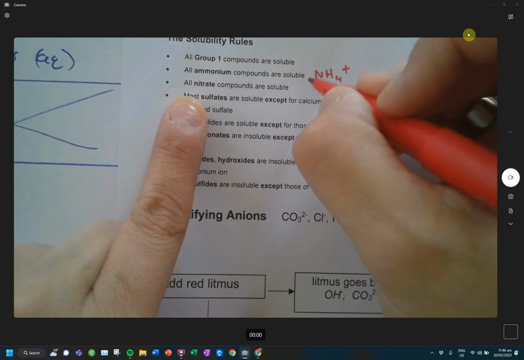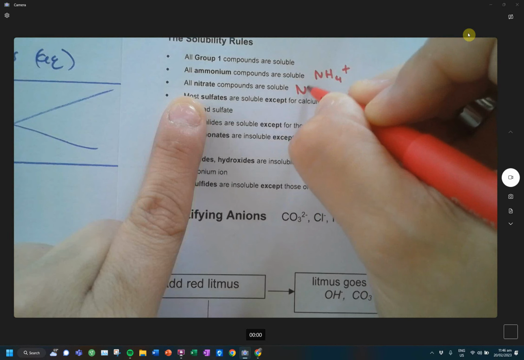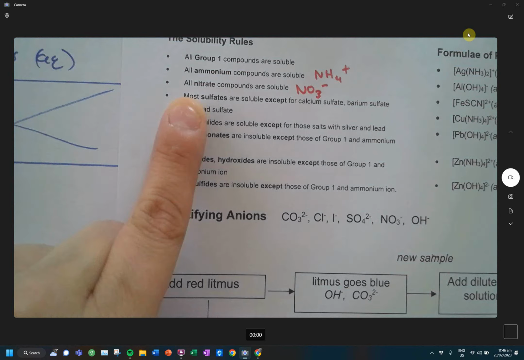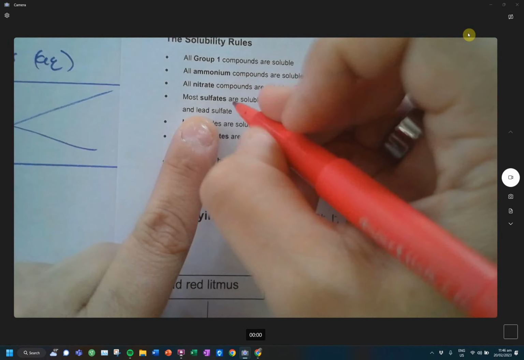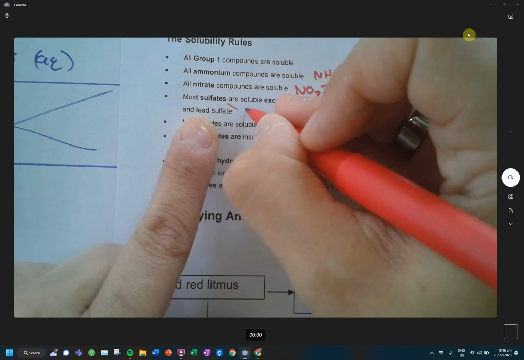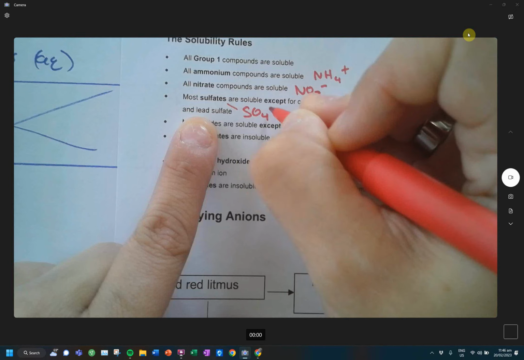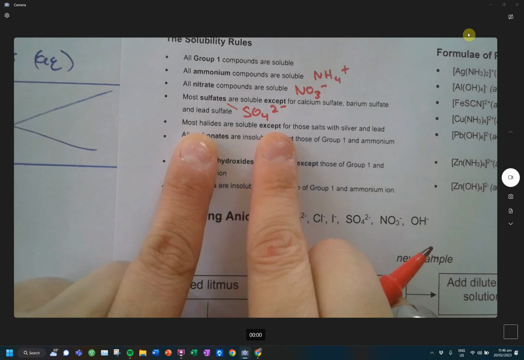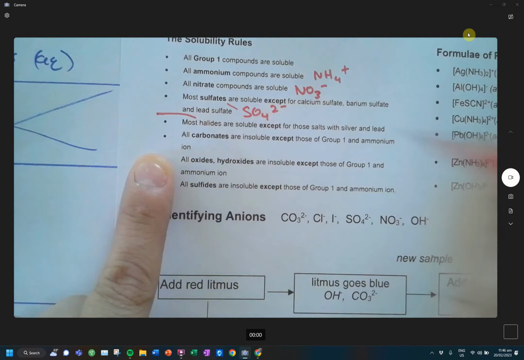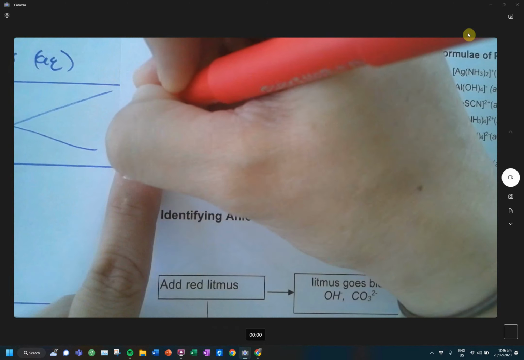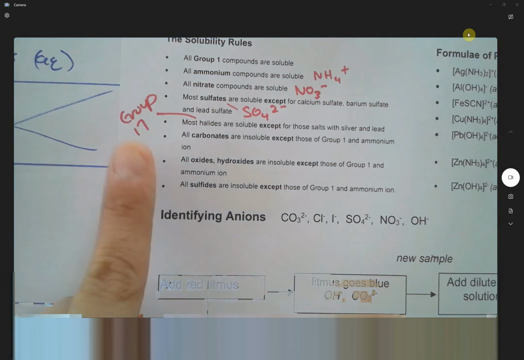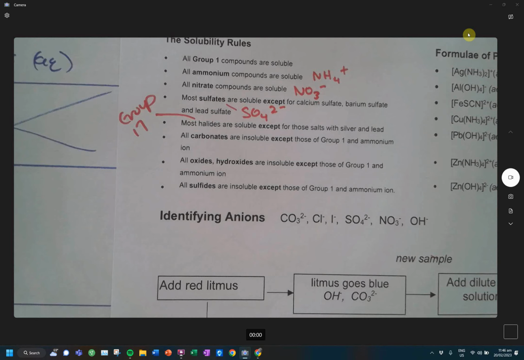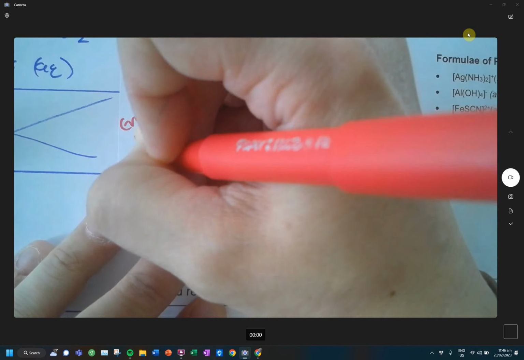Nitrates are all soluble. If you guys are wondering what nitrate is, NO3-. Most sulfates are soluble. You don't have any sulfates, that's SO4 2-. Most halides are soluble. So halides, for those that aren't sure, that is group 17, the halogens. Again, we're not dealing with any of those.